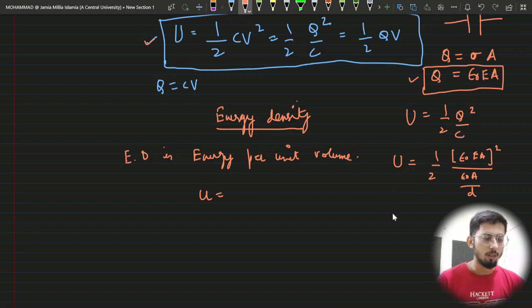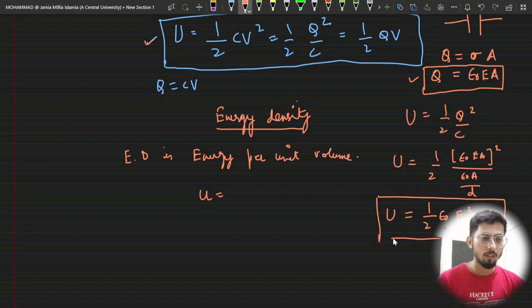Now if you solve this, you will get half epsilon naught E square Ad, because one epsilon naught will cancel. This is the energy only, not the density.